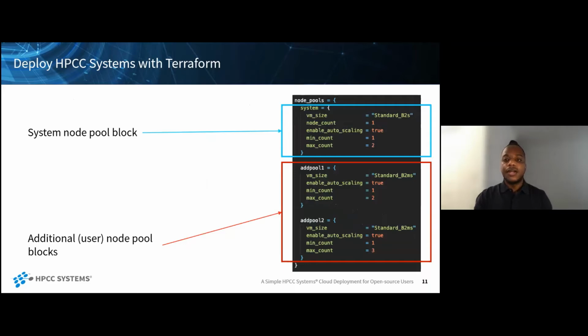Another block is the node pools block. Inside that block, we have the system node pool block, which is responsible for hosting the system node pools, and also the additional node pool blocks, which are responsible for creating the user node pools.